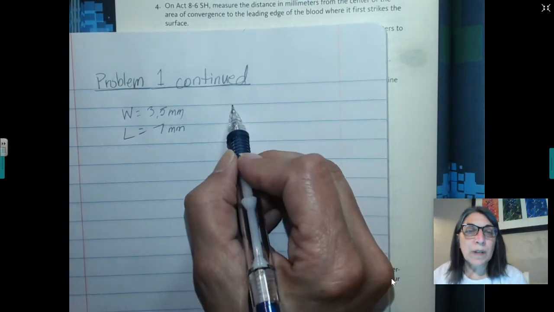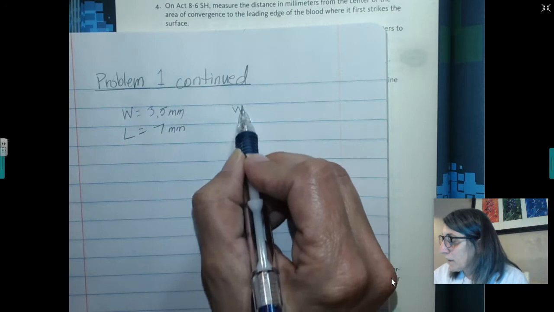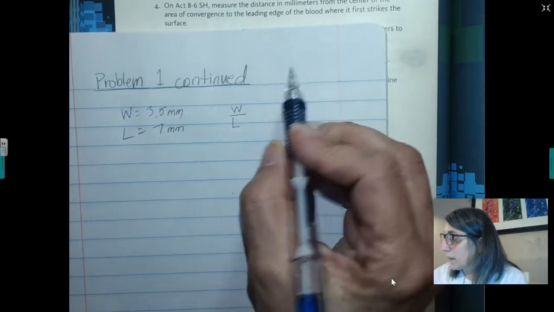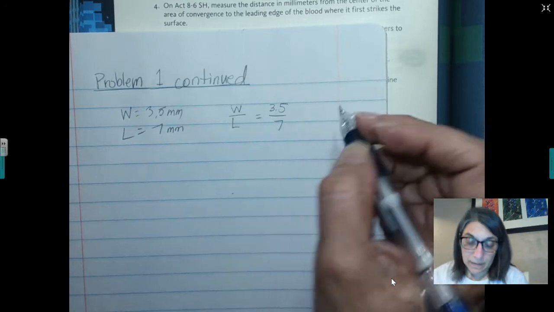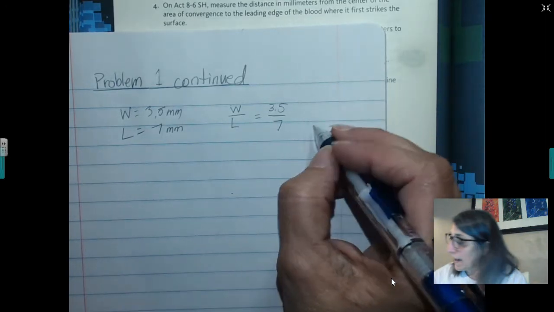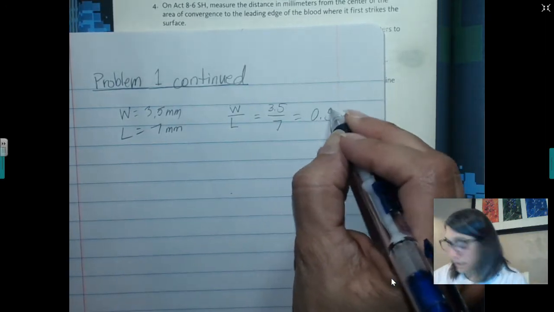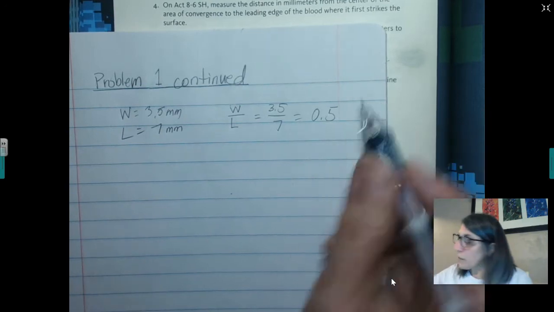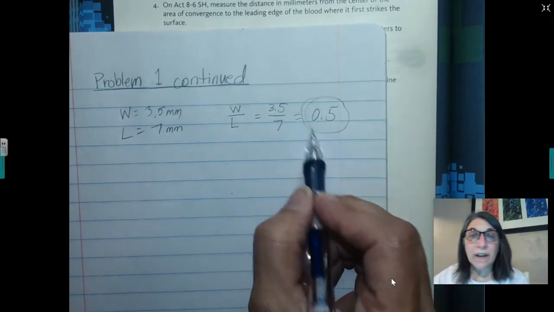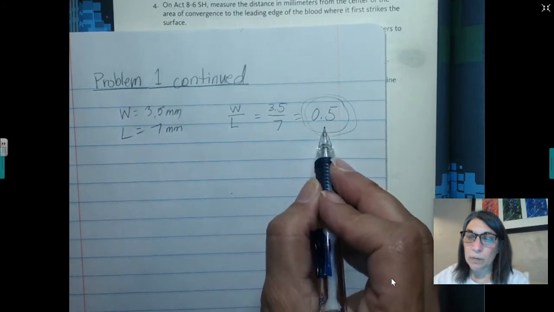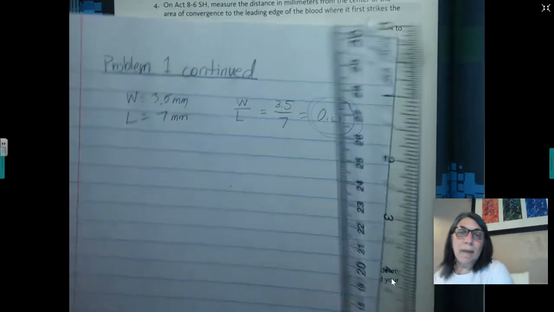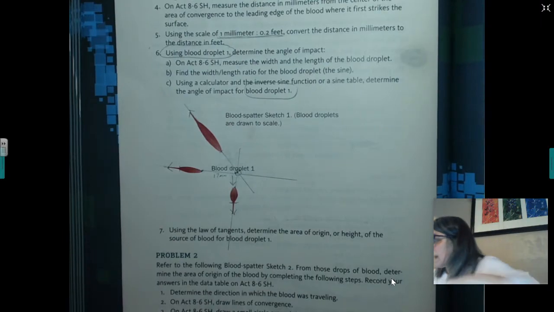So we know that to find the angle of impact, we divide the width by the length. So we're going to divide 3.5 by 7, right? And that actually just comes out to 0.5. Okay, so then I want to use this to figure out my inverse sine. I need to find the inverse sine of 0.5. So I'm going to go to the back of my table of sines, or actually, you know what? Let's just use our calculator.